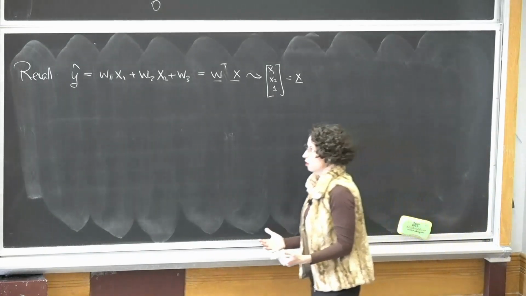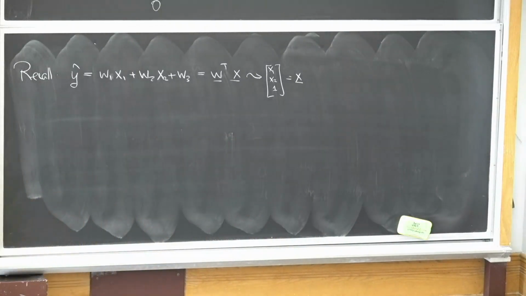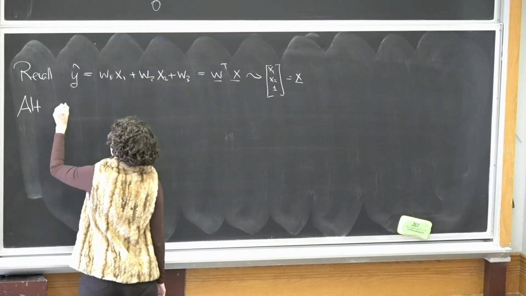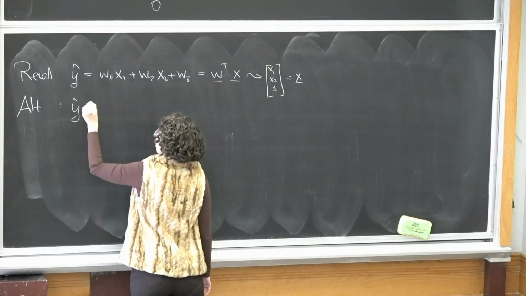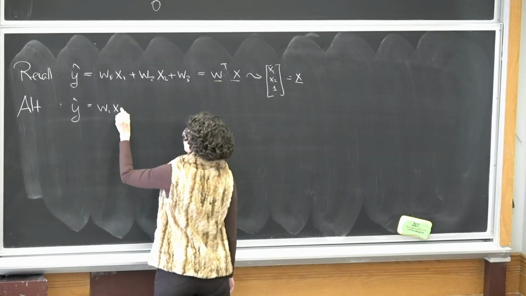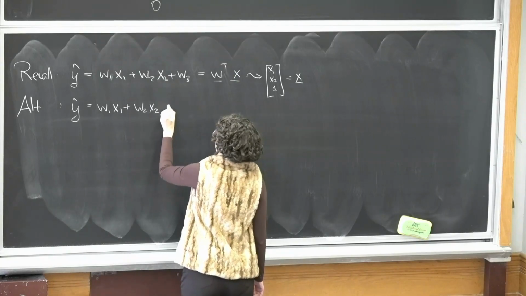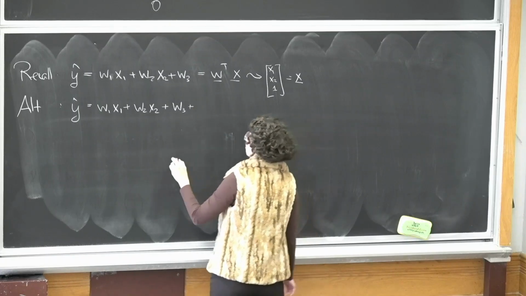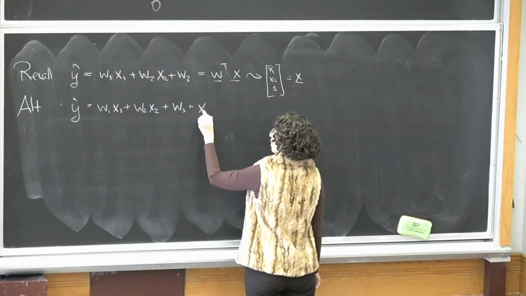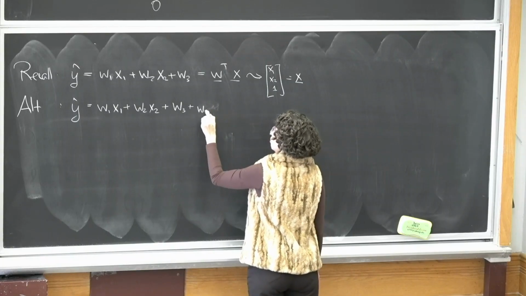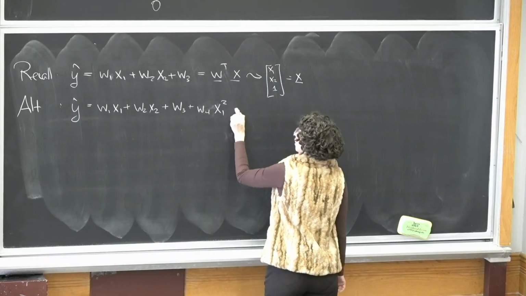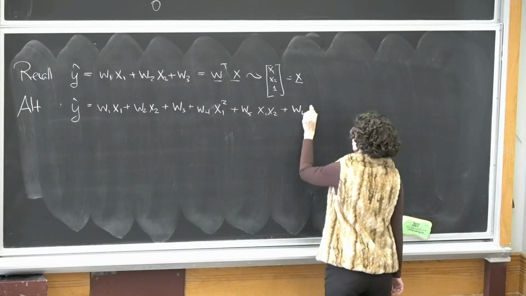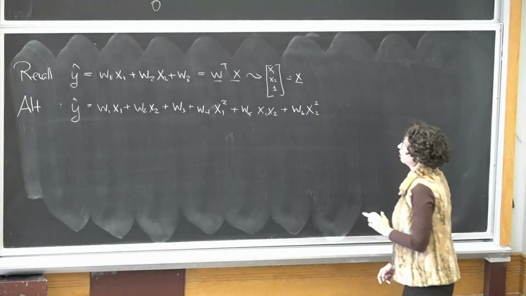But we've noted before that what we might prefer is something like this. Let's say, a quadratic predictor, where y hat is, say, w1 x1 plus w2 x2 plus w3, and then I could have, in addition, w4 x1 squared, w5 x1 x2, and w6 x2 squared.